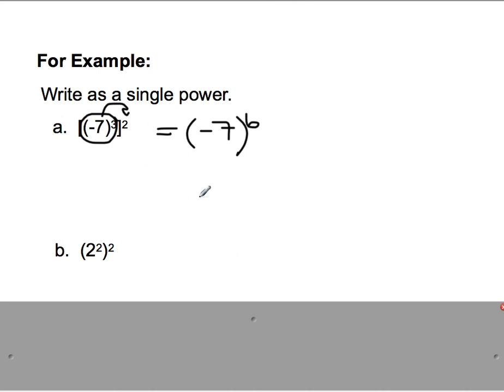Now I can write that all out, and I can show you if I do all that repeated multiplication again, it will actually equal -7 to the power of 6. Same thing, here's a base to one exponent, so here's a power, and that's the base to another exponent, so it's a power within a power, or double power as I call it, so 2 to the power of 4.